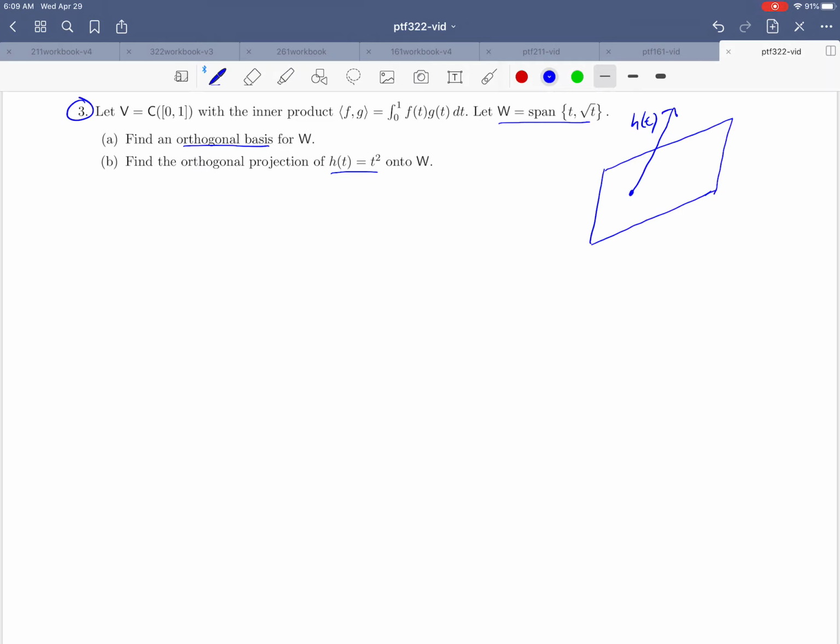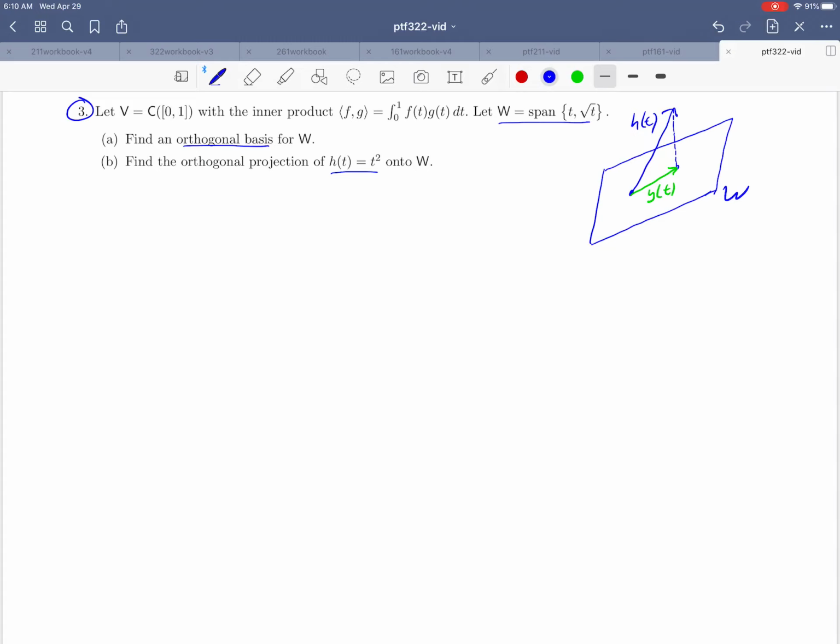What we want is the polynomial that would approximate h of t equals t squared the best it can inside of the plane. So we imagine taking this vector and projecting it straight down, perpendicular. The orthogonal projection we're looking for would be this vector right here. I'll give that the name y of t. That's the closest vector that actually lives in the subspace W, or the vector in W that's the closest approximation of h of t. So let's get started.